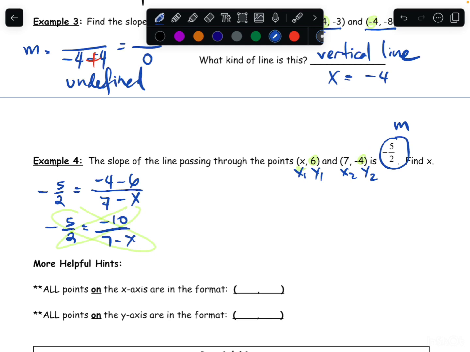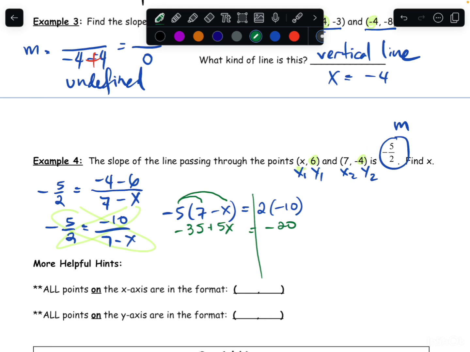Now we're going to say that negative 5 times 7 minus x is equal to 2 times negative 10. And if you guys remember, whenever you have these parentheses, you are distributing. So it'll be negative 5 times 7, which is a negative 35, and that'll be plus 5x, and that's equal to 2 times negative 10, which is a negative 20.